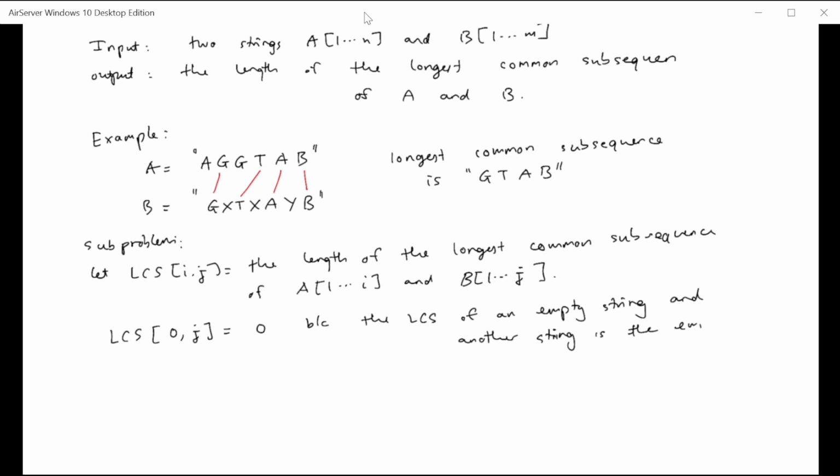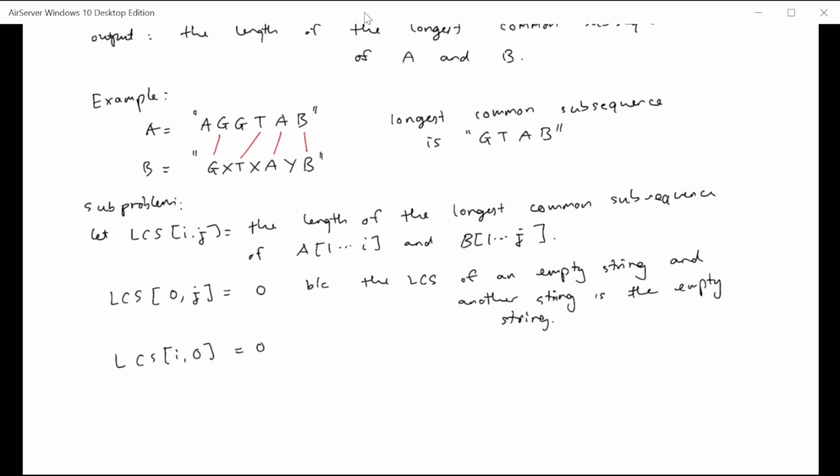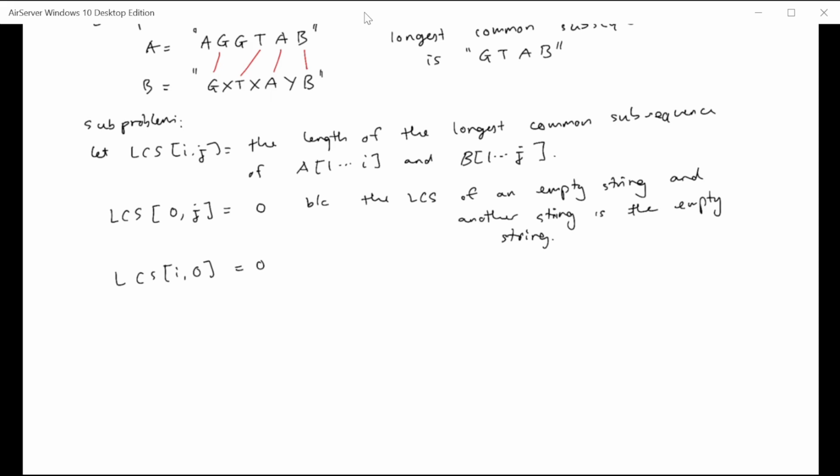Okay, so the length of the empty string is 0. Similarly, LCS(i,0) is also 0. Okay, so these are the base cases.